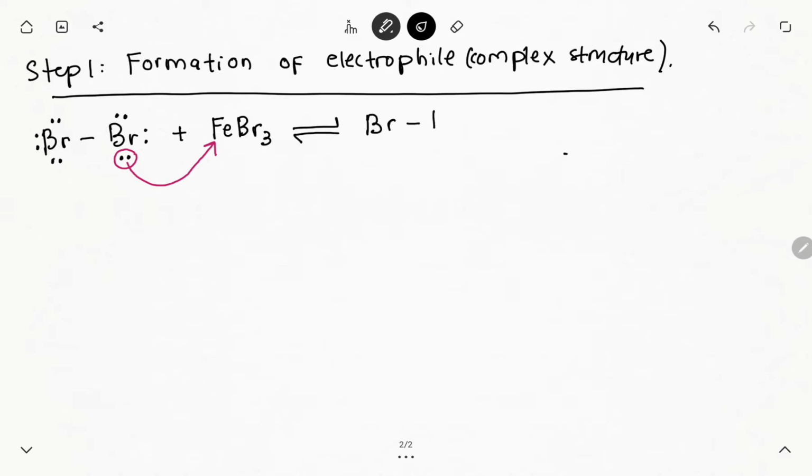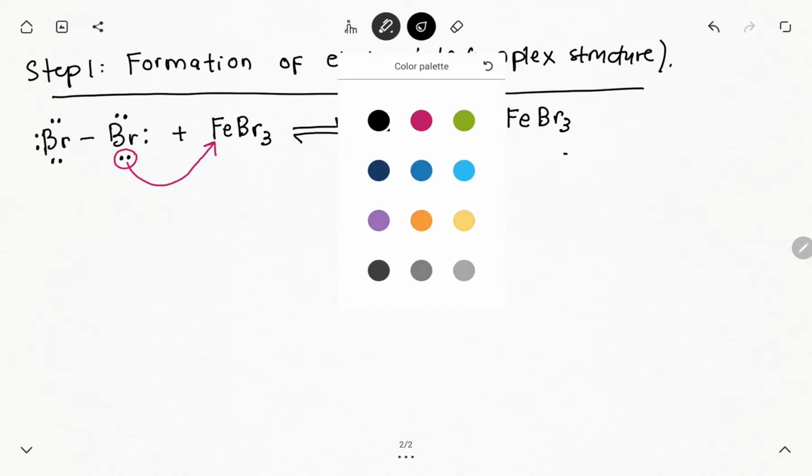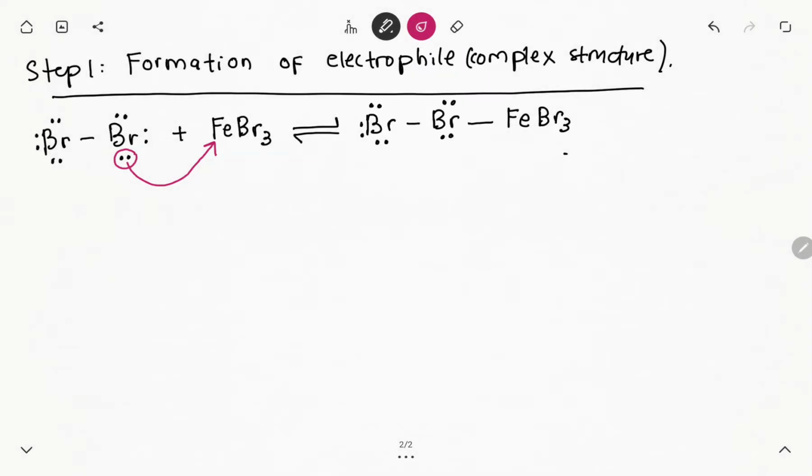So the second bromine atom can form a covalent bond with the FeBr3 molecule, and next we check the lone pairs inside the molecule. We need to trace the formal charge for each atom. The first bromine atom: 7 valence electrons minus the electrons around itself, 7 minus 7, so the formal charge of this bromine atom is 0.